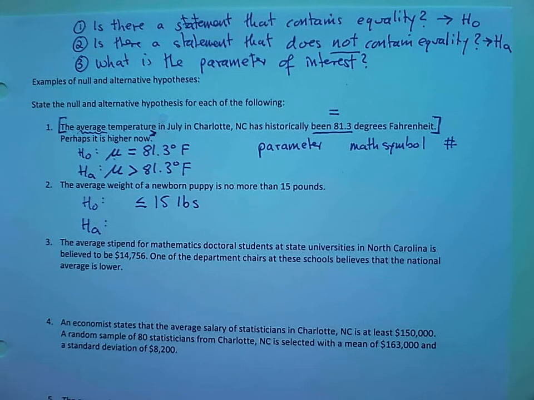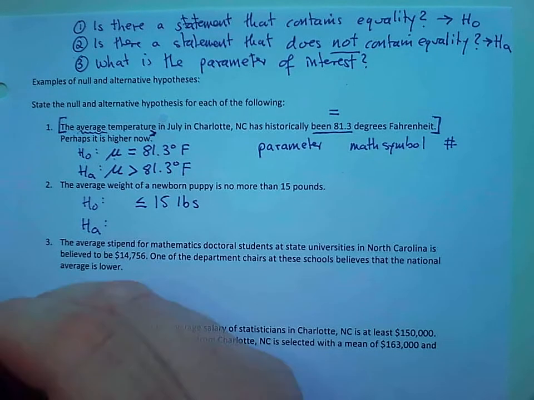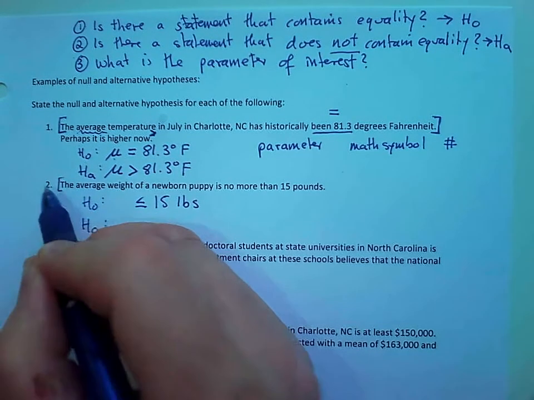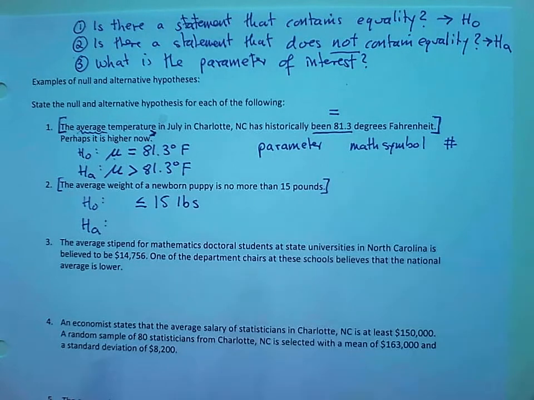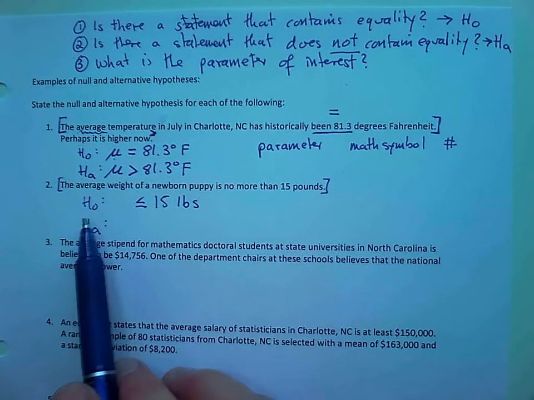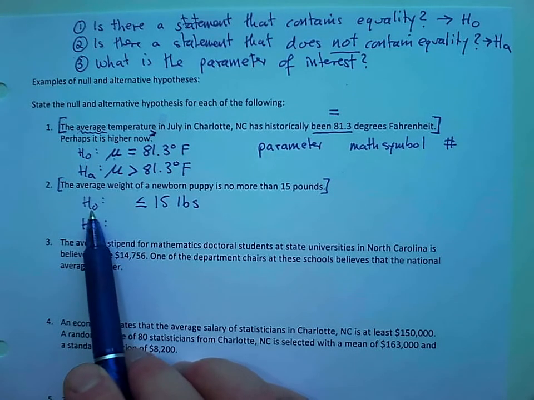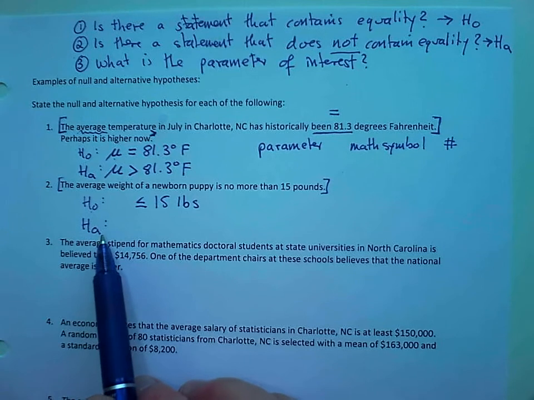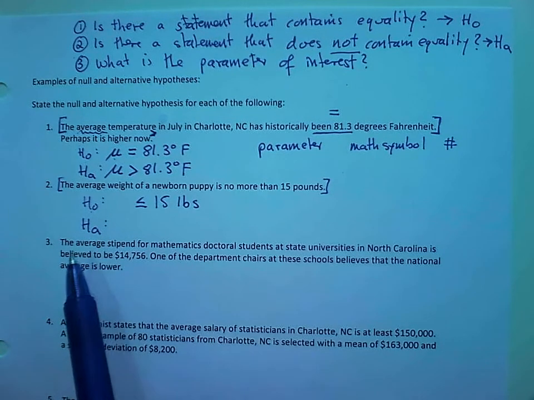The second question that we're going to ask ourselves is, is there a statement which does not contain equality? Well, like I just got done saying, we've already used this up. There is no other statement other than the one that we just read. So therefore, here, we're getting to this case now where we have the null hypothesis, but we do not have an alternative hypothesis.